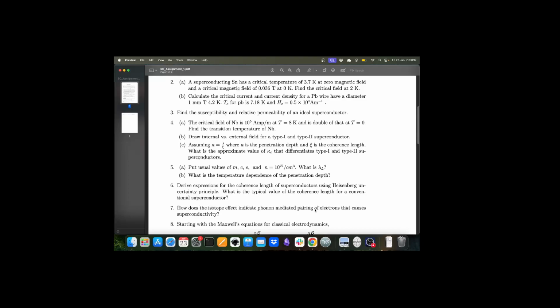Okay, the second question is calculate the critical current. So this was A, and B question is critical current. So what is Ic? And then what is the critical current density as well?